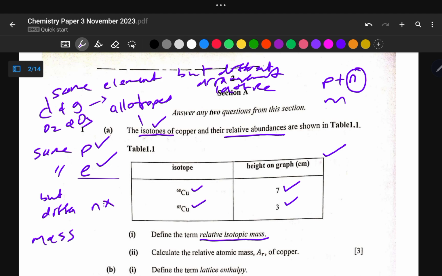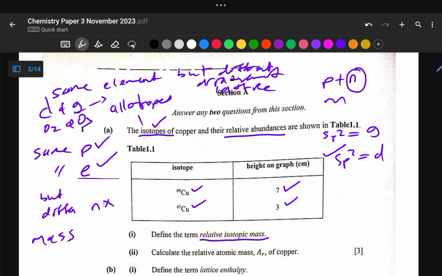Diamond exhibits a giant molecular lattice structure whereby the atoms are held by strong covalent bonds, and graphite exhibits a hexagonal two-dimensional lattice structure which is layered, and we've got sp2 hybridized orbitals in graphite, and then sp3 in diamond. So you need to take note of the differences between graphite and diamond.